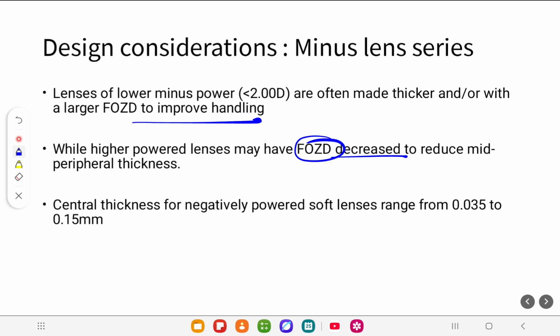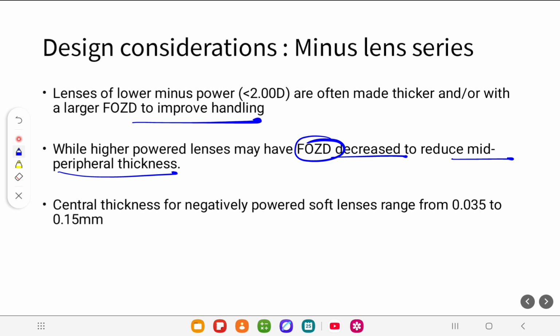So if we decrease the FOZD, we can manage and reduce mid-periphery thickness, because in a minus lens the center is thinner and the mid-periphery is thicker. If we reduce the FOZD, this problem can be managed a little, not completely solved. It's always there: center is thinner and periphery is thicker.